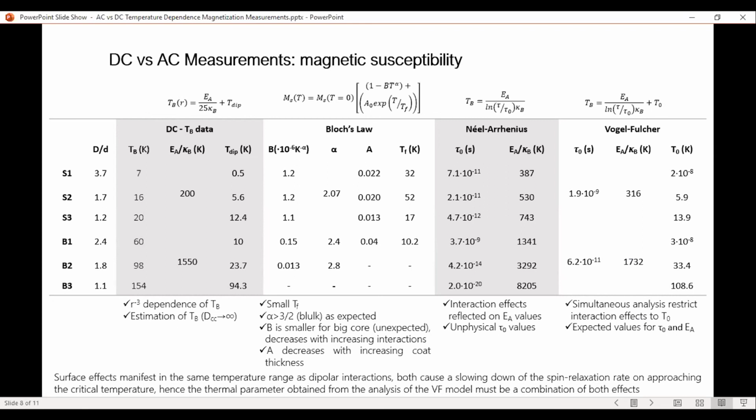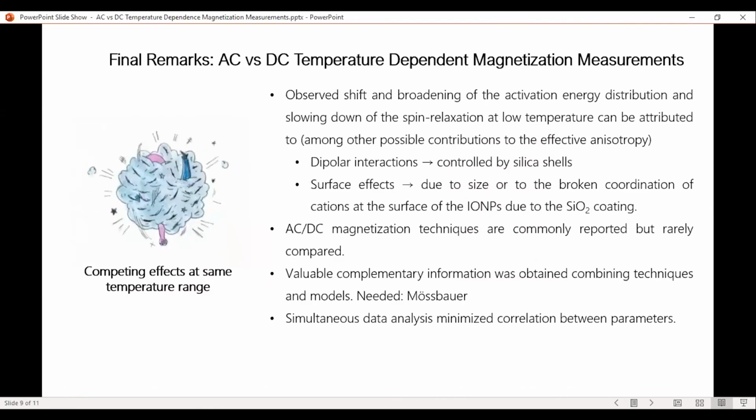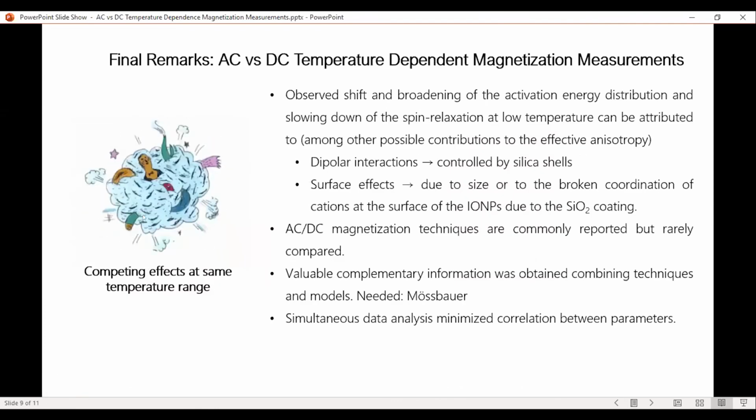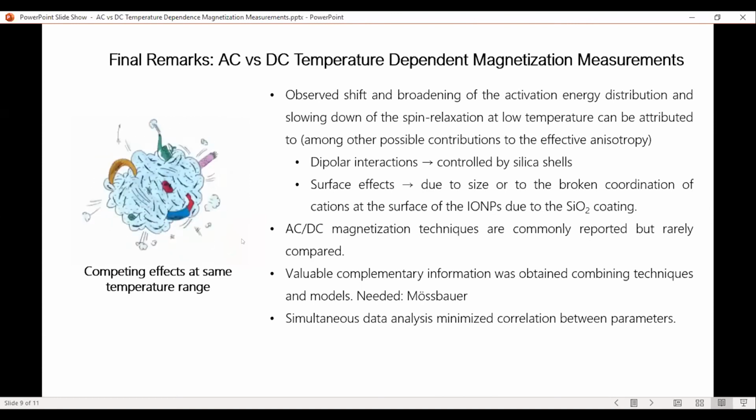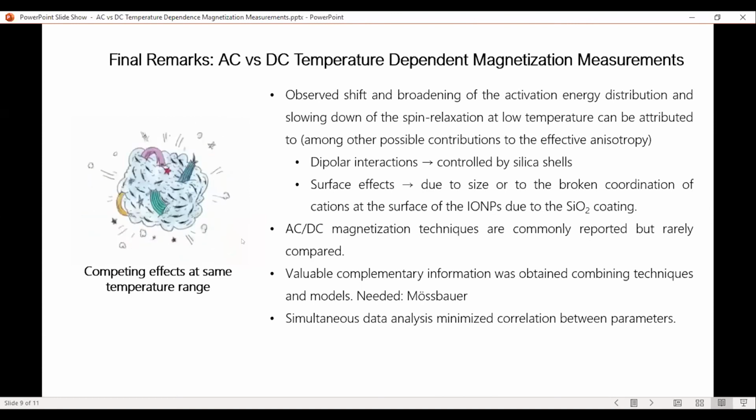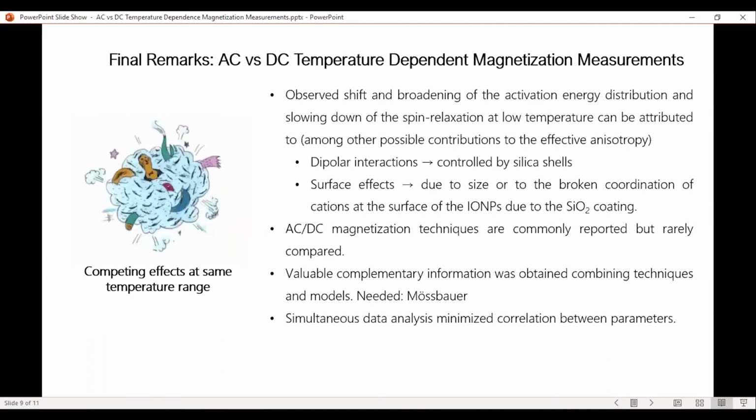So we expect that for Vogel-Fulcher and other dynamic analysis, the response will be a combination of both effects and not only one. So what we have here is a competing effects fight, in the same temperature range, and they manifest themselves in the same manner.